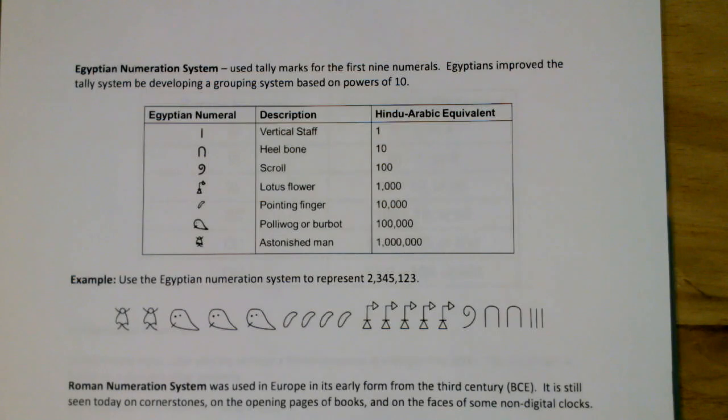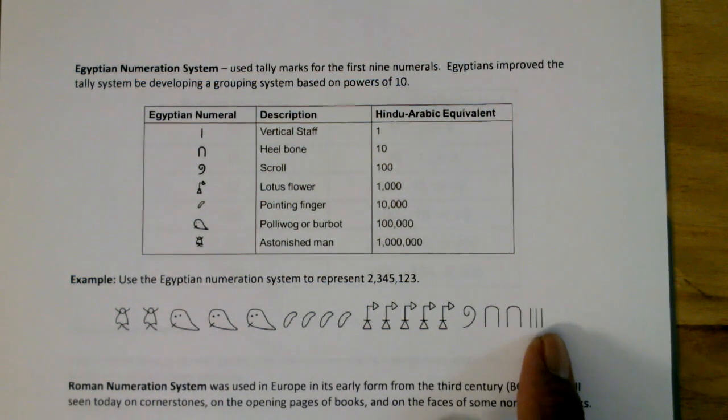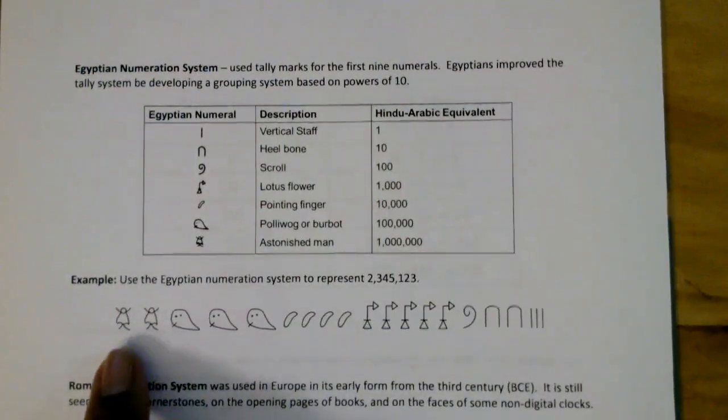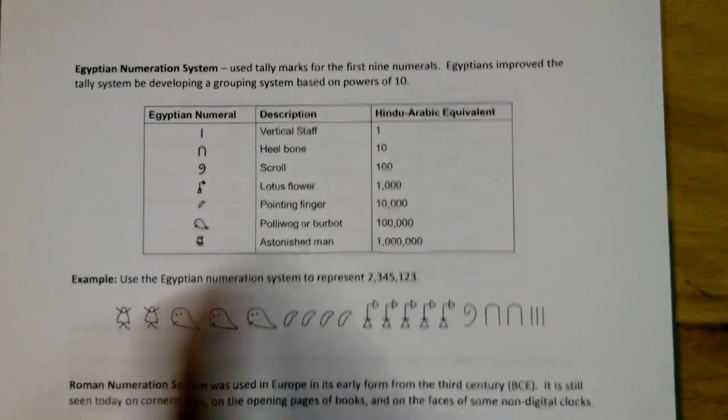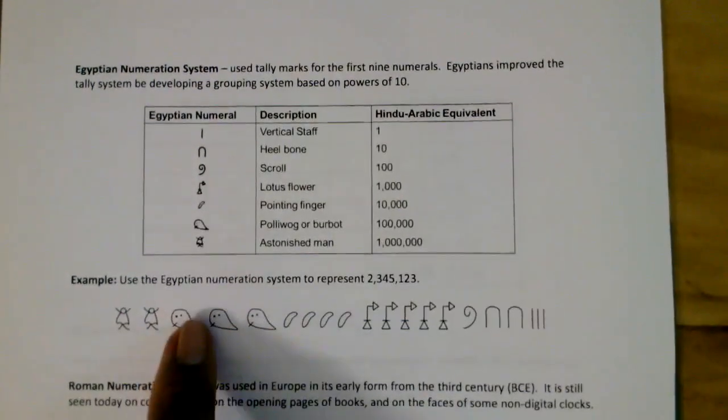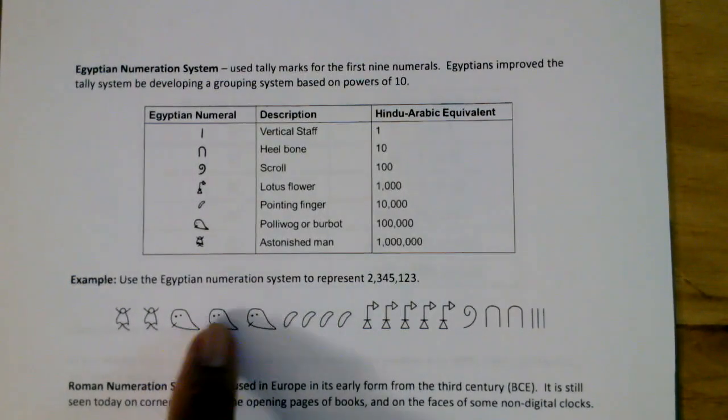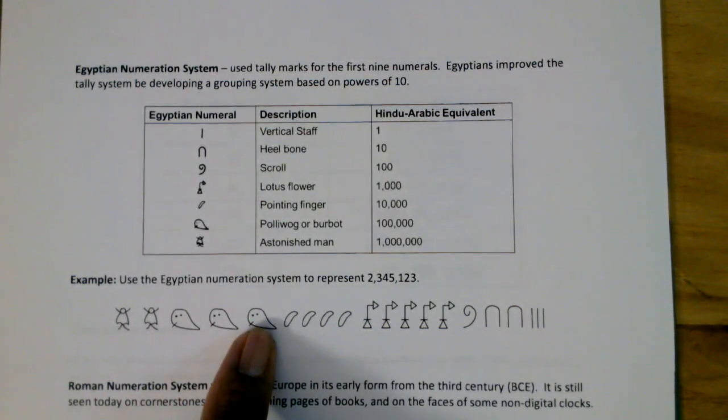Okay, so an example of a number written using the Egyptian numeration system would be something like this. If I wanted to use the Egyptian numeration system to represent 2,345,123, this would be the representation of that. For 2,000,000, we have 2 astonished men. That represents 1,000,000 each. And then for 300,000, we use 3 polliwogs.